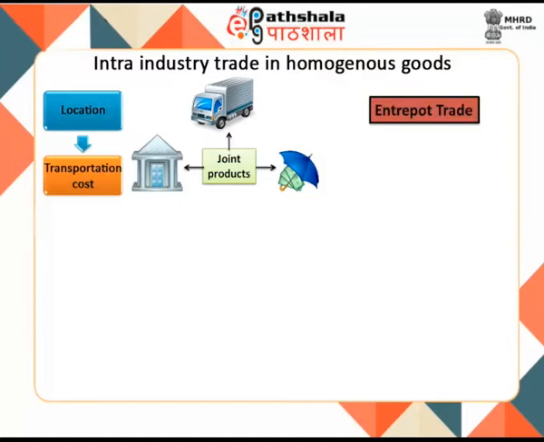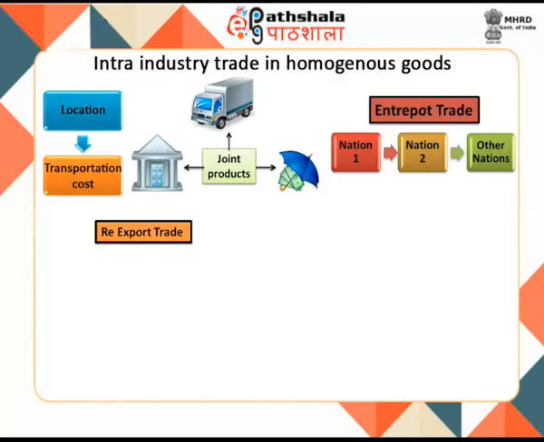Entrepot trade, the trade where the goods are imported into a country and later the same goods are exported to another country. For example, Nation 1 exports goods to Nation 2 for warehouse facility and then Nation 2 exports these goods to other nations. Re-export trade, in this trade, goods are imported into a country and later on, the same goods are exported to another country with small transformation.